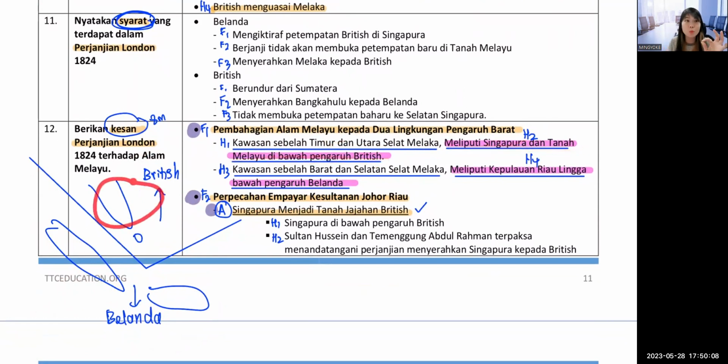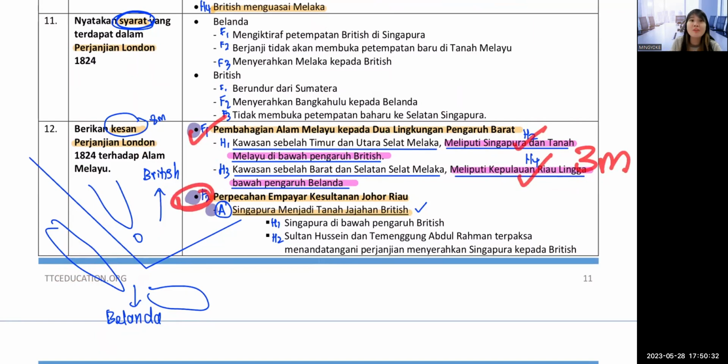Tanah Melayu and Singapore. Then for the sebelah barat and selatan Melaka is Belanda one. Or the easiest for you to remember is Kepulauan Riau Lingga is Belanda one. Yeah, because it's 1 fakta, huraian, 3 marks already.